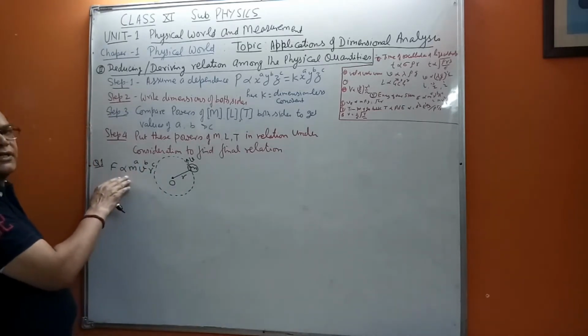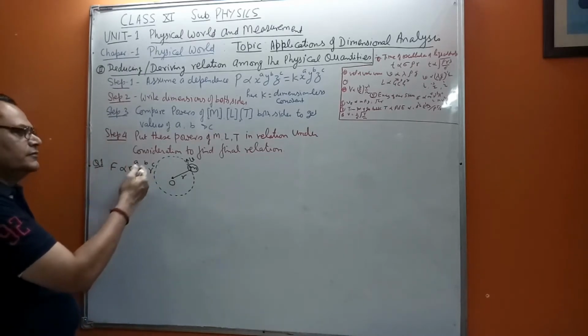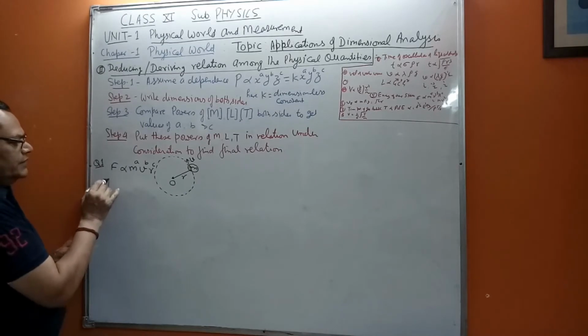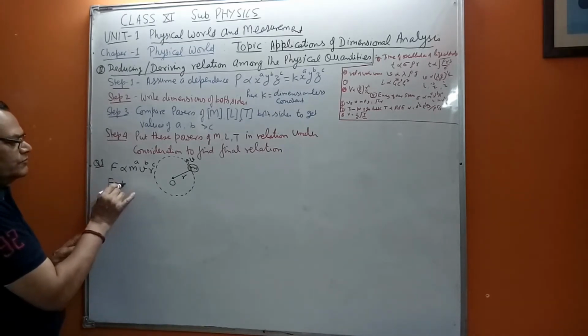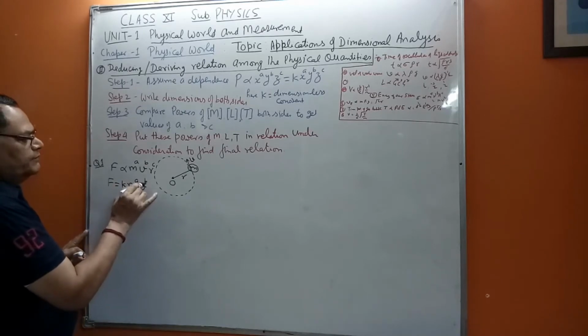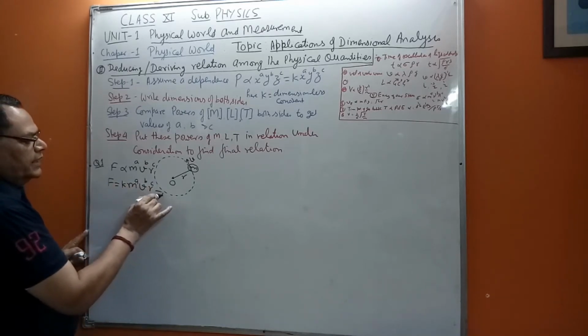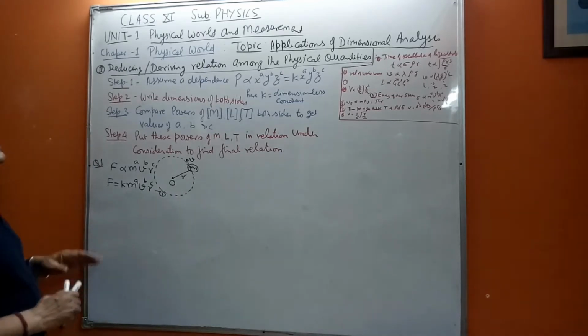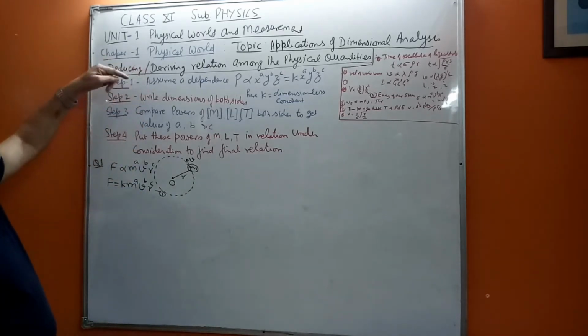You can take V also at first place with power a, no problem at all. The second step is we equate it: F is equal to some constant K times M raised to power a, V raised to power b, R raised to power c, and let us call it equation 1.